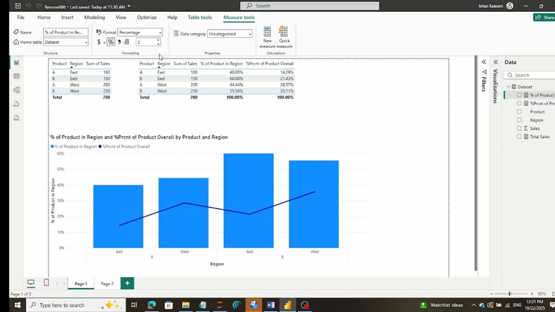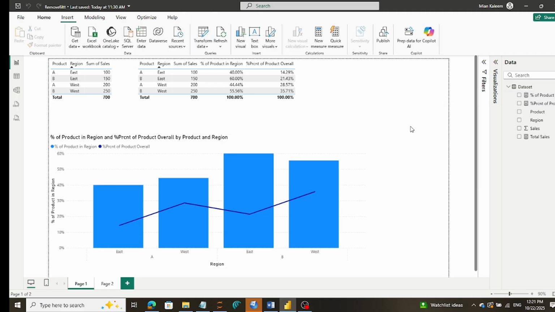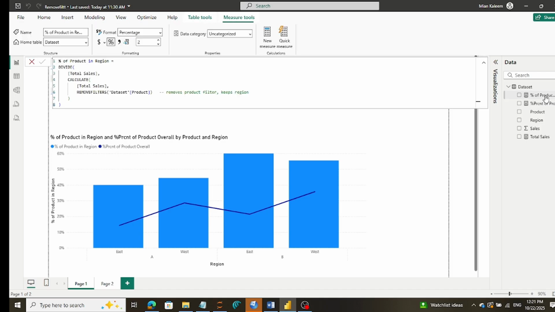The sales will be divided by the total of the region, because the product filter is removed.